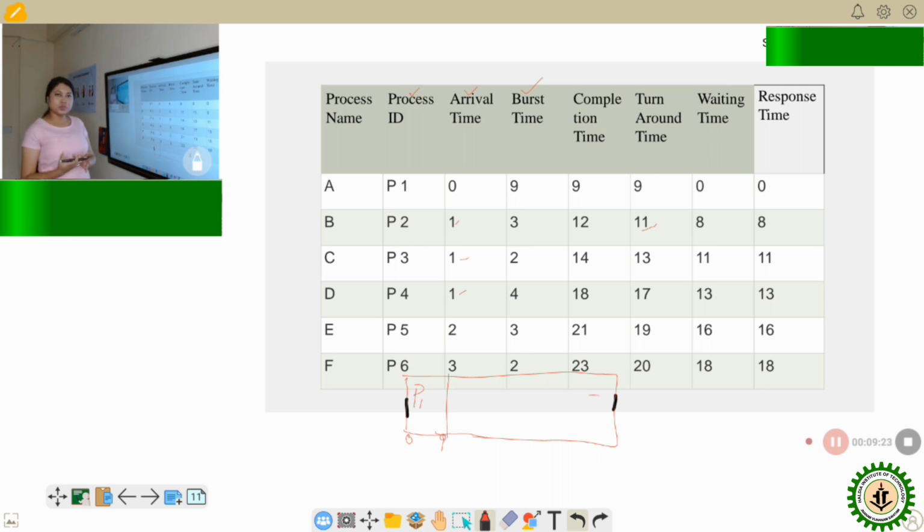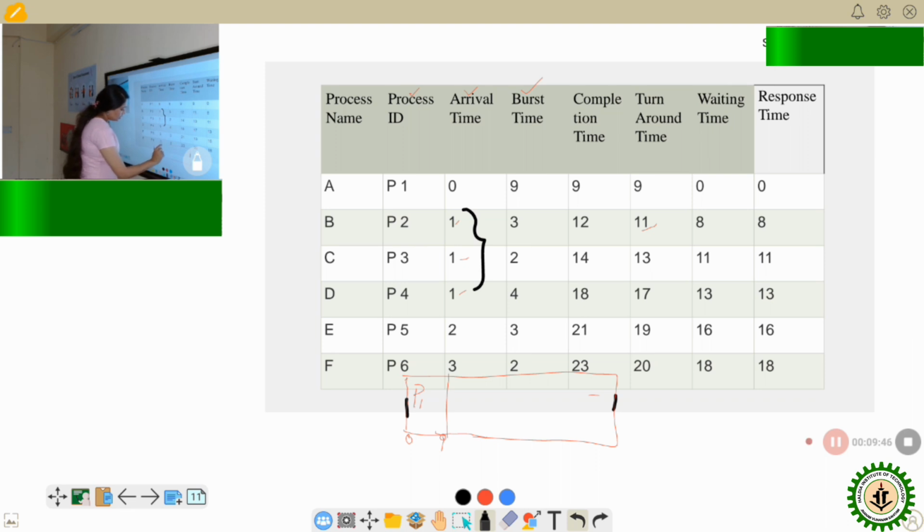There are 3 processes, so we are going to select P2 by ID reference. Through the ID reference, P2 came first, as the arrival time for these 3 processes is the same.